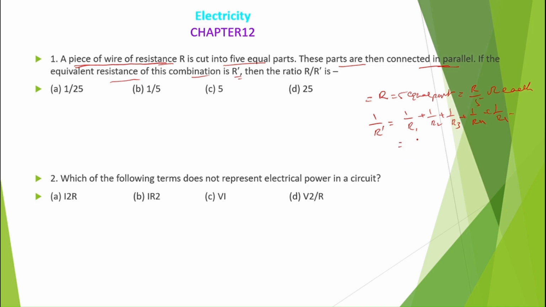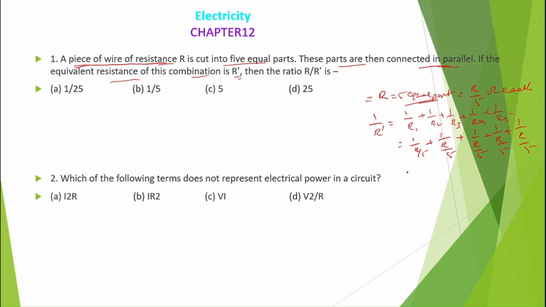So which is equal to 1 divided by R by 5 plus 1 divided by R by 5, because it is cut into 5 equal parts, plus 1 divided by R by 5 plus 1 divided by R by 5 plus 1 divided by R by 5. 1, 2, 3, 4, 5.